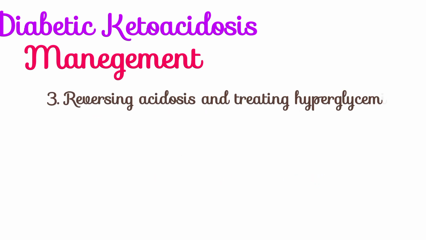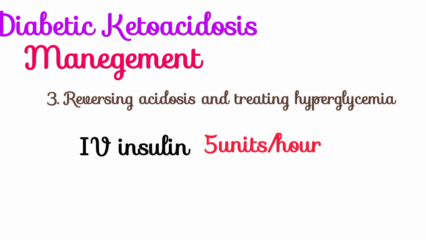Reversing acidosis and treating hyperglycemia. Ketone bodies accumulate as a result of fat breakdown. Administering insulin will help in inhibiting fat breakdown and decreasing blood glucose level. Insulin is usually infused IV at a slow and continuous rate, for example 5 units per hour.